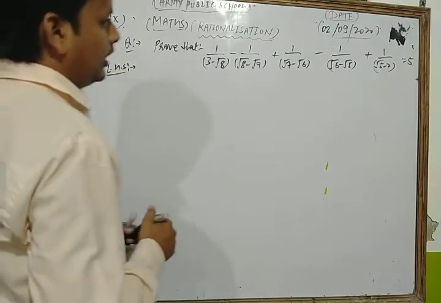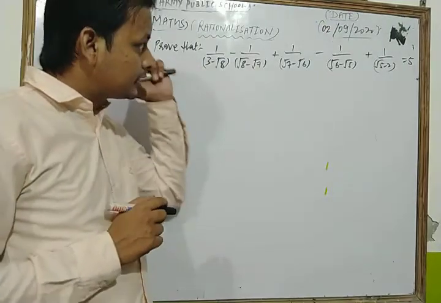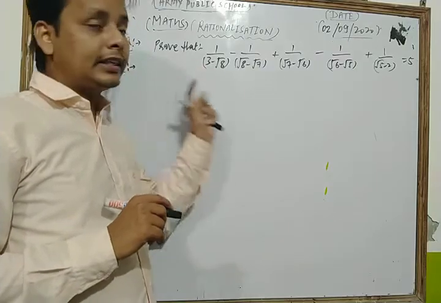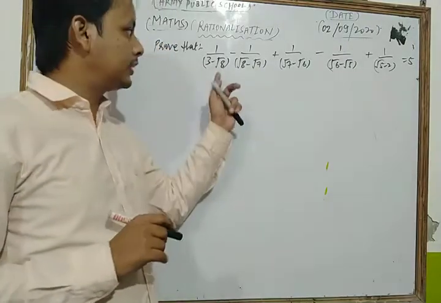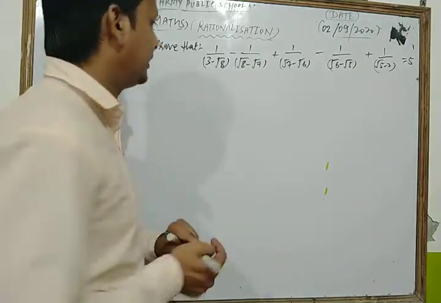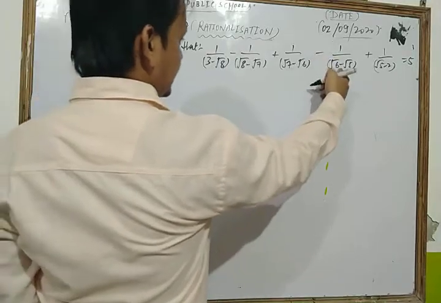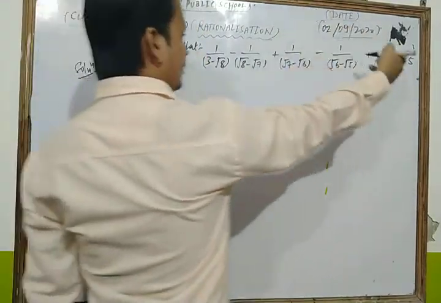Left hand side, and in that question, dear student, we rationalize the denominator in each term. Here we rationalize them, and after that we simplify, then we get our result as 5.